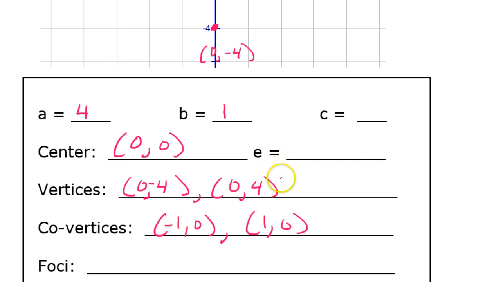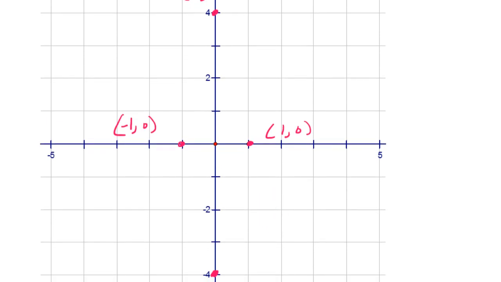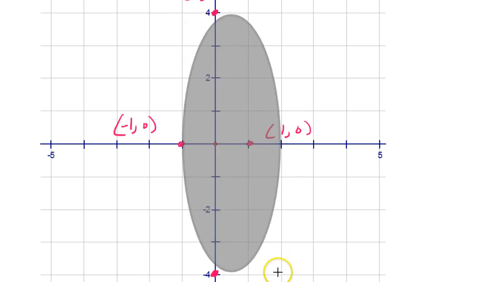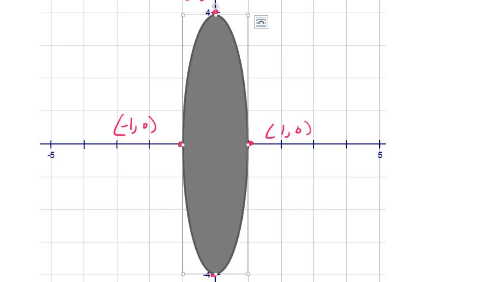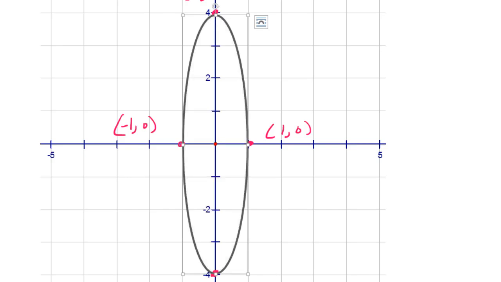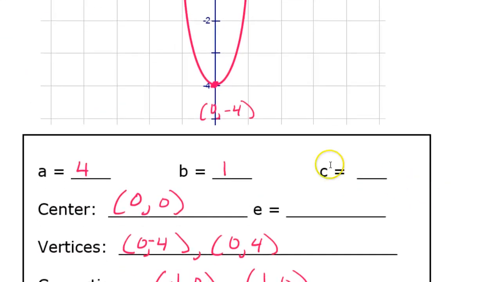All right, that's actually enough for us to be able to draw the ellipse for ourselves. Okay, so the ellipse should be looking something, whoops, too far, something like this. Okay, but let's find the rest of these letters that we need.